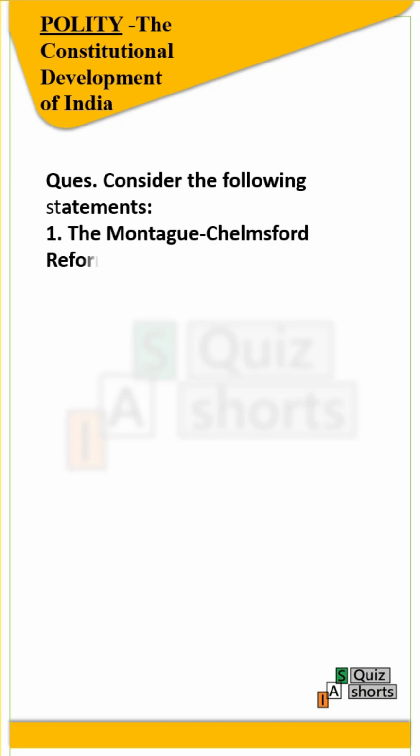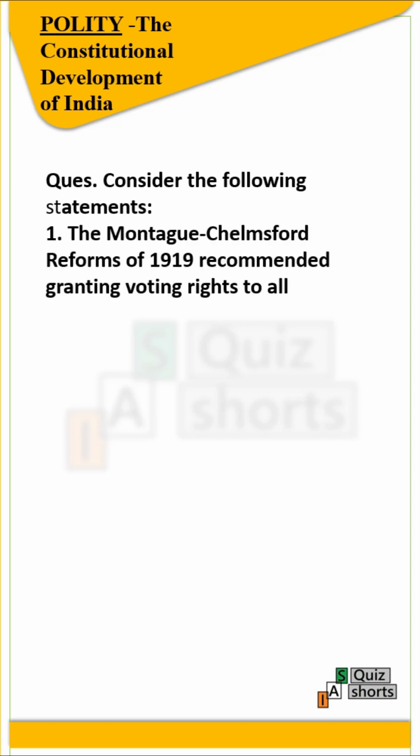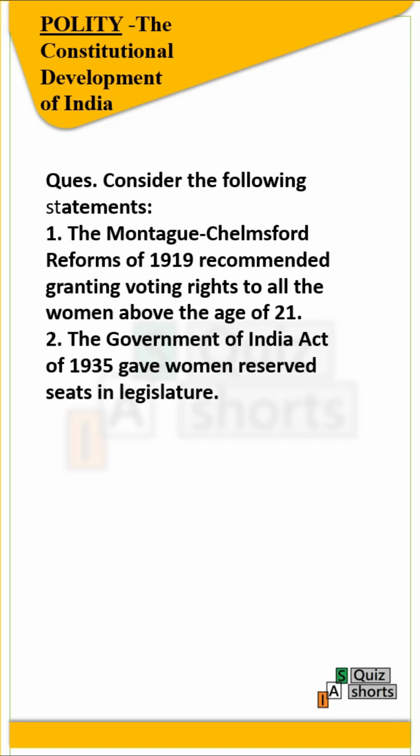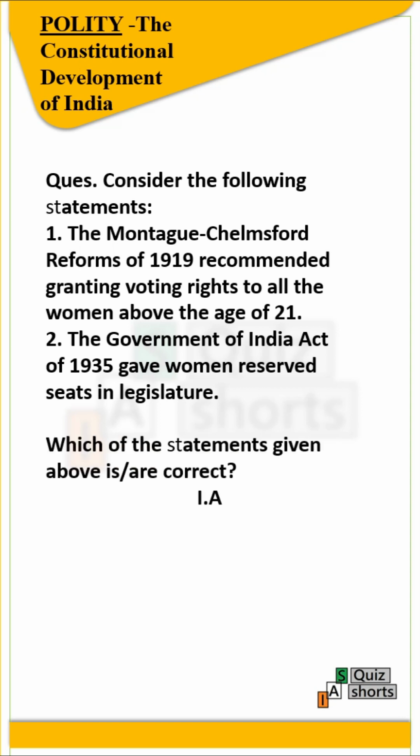Consider the following statements. 1. The Montagu-Chelmsford Reform of 1919 recommended granting voting rights to all women above the age of 21. 2. The Government of India Act of 1935 gave women reserved seats in legislature. Which of the statements given above are correct?